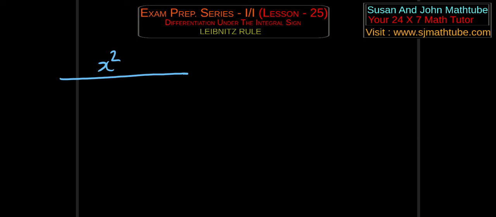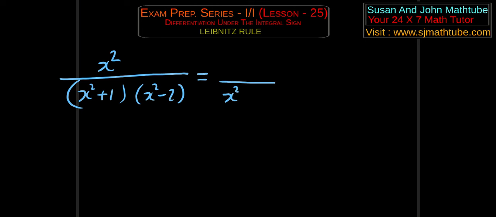x square by x square plus 1 times x square minus 2. Suppose you want to convert this into partial fraction, we can apply that awesome trick, that is method of suppression.